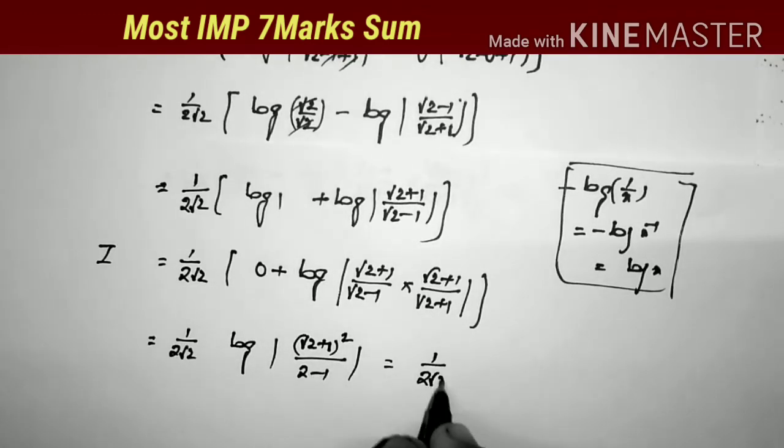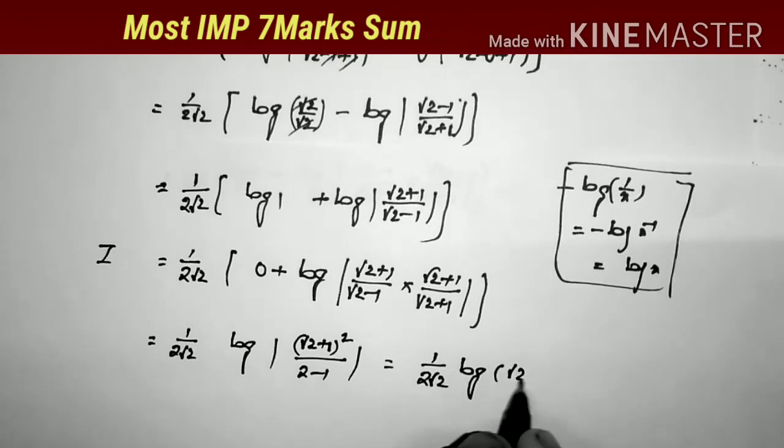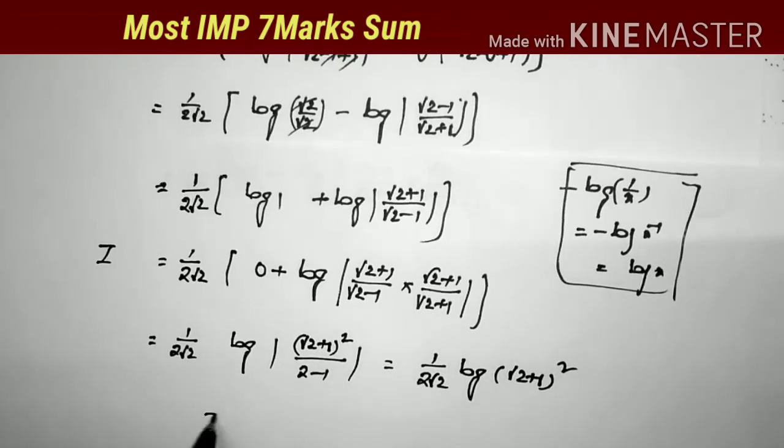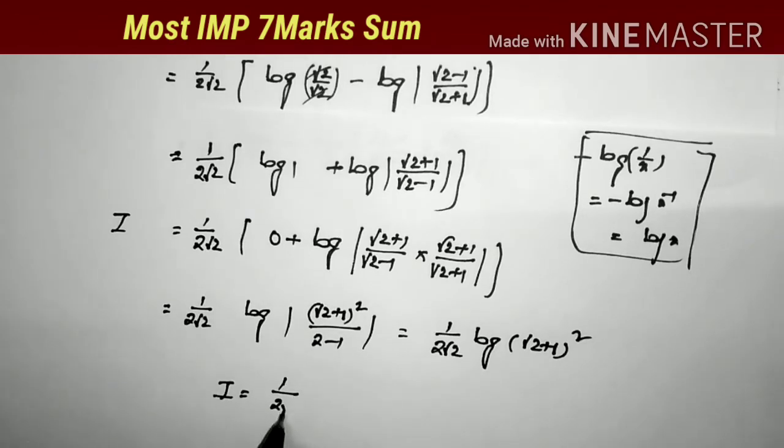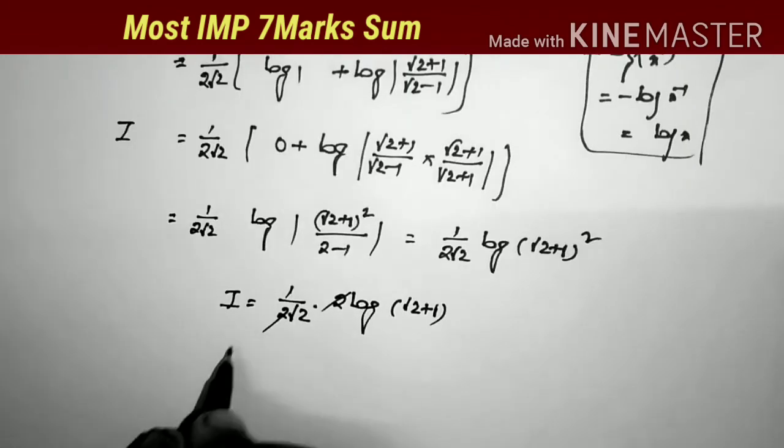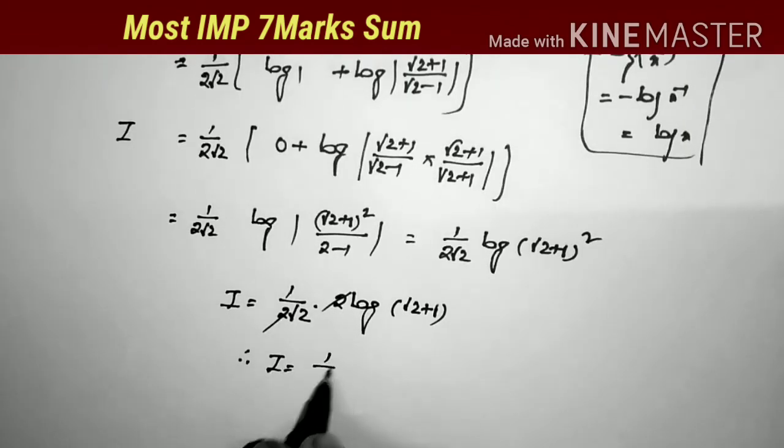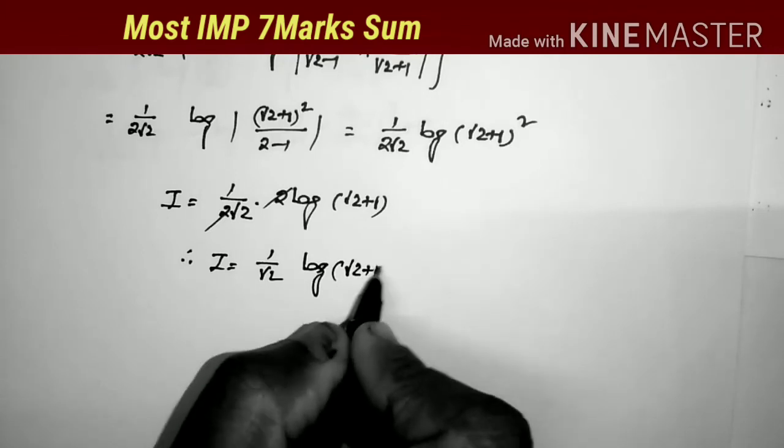So 1 by 2 root 2 log of (root 2 + 1) whole square. Therefore I is equal to 1 by 2 root 2 into 2 log of (root 2 + 1). Now these two terms are cancelled. Therefore the value of I is equal to 1 by root 2 log (root 2 + 1).